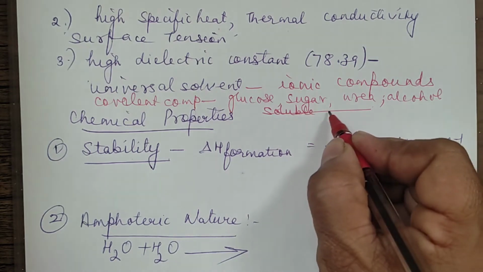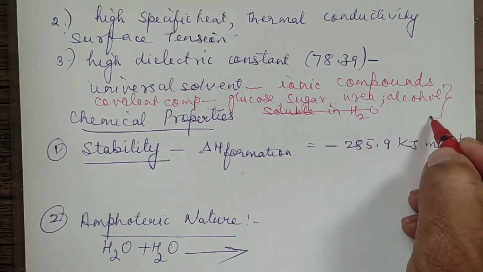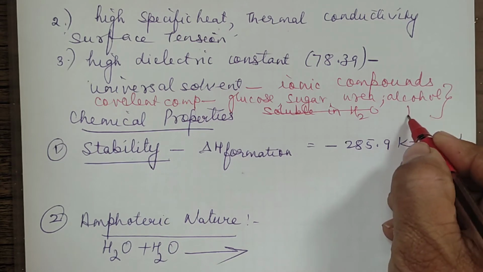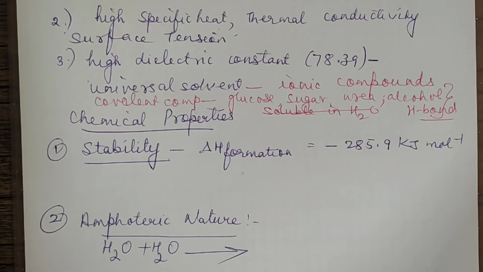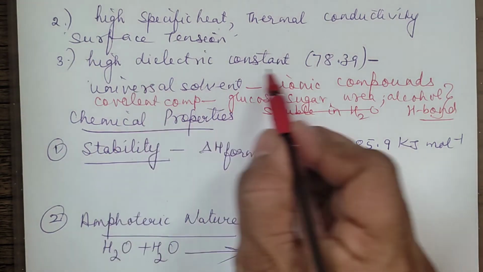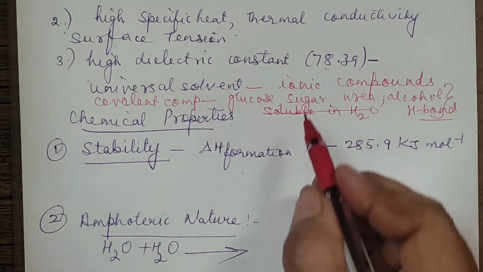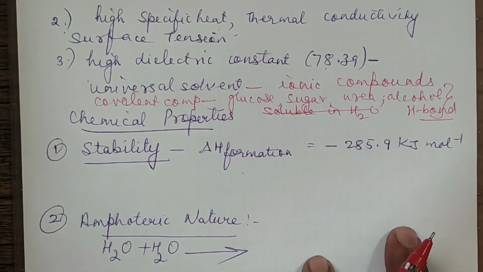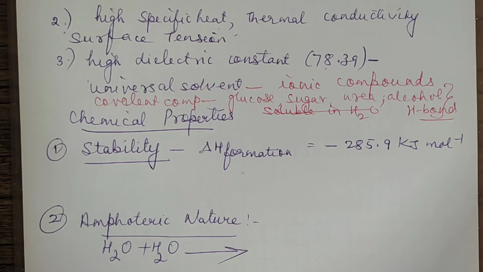For covalent compounds, why are they soluble in water? The reason for that is hydrogen bond. Intermolecular hydrogen bond. Because water can form intermolecular hydrogen bonds with these. That is why they are soluble. So because of high dielectric constant value, it is a universal solvent. Of course, all ionic compounds are soluble in water, but apart from that, even some covalent compounds are soluble in water.